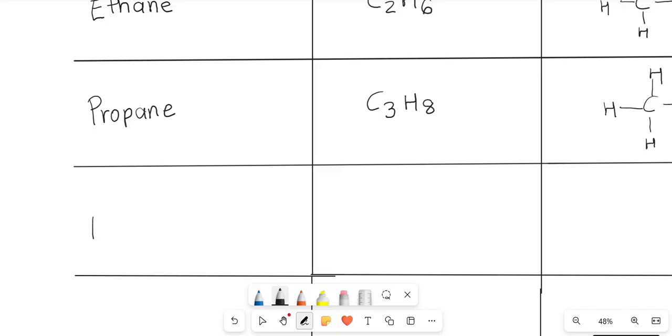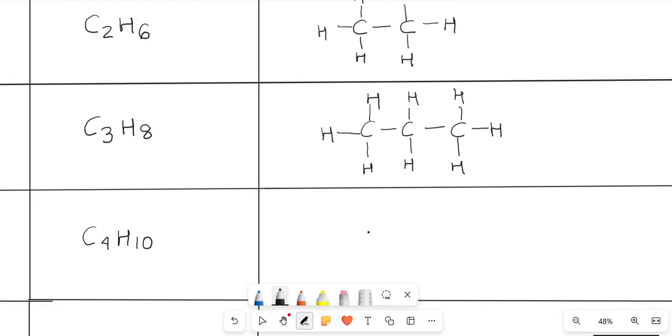Then we move to butane, containing 4 carbon atoms. So the formula is C4H10. 4 carbon atoms surrounded by 10 hydrogen atoms.